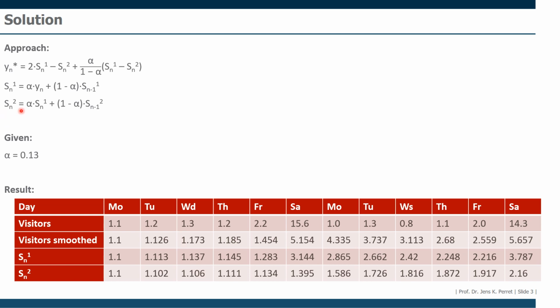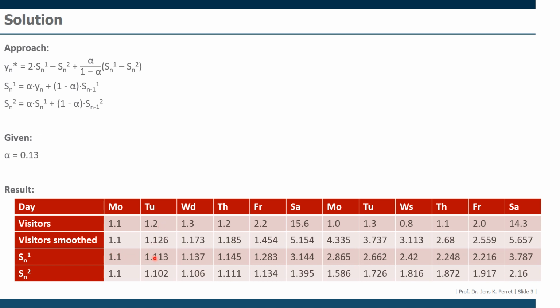How are we going to go about this? Well, first off, we're just going to work with the SN1 and the SN2. We're always starting with the SN1, considering the original value of this period, using this as input, and using the SN1 from the previous period.